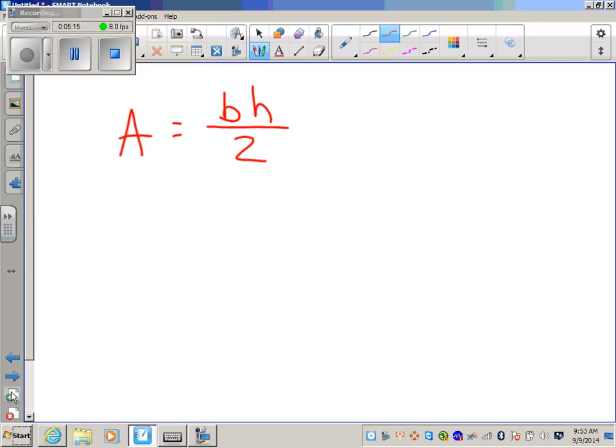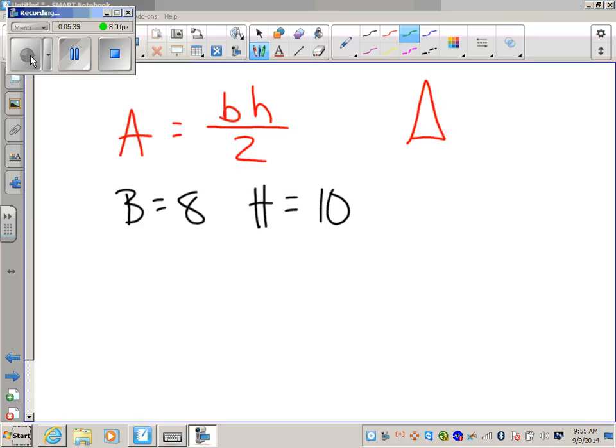Area is equal to base times height divided by 2. What formula is this for? Yeah, it's a triangle. Very good. Okay, remember triangles, we had a few different options. So I'm going to give you the specifics. It'll be up to you to solve. I'm going to give you a base of 8. I'm going to give you a height of 10.